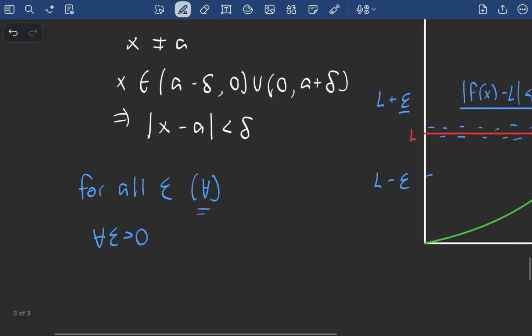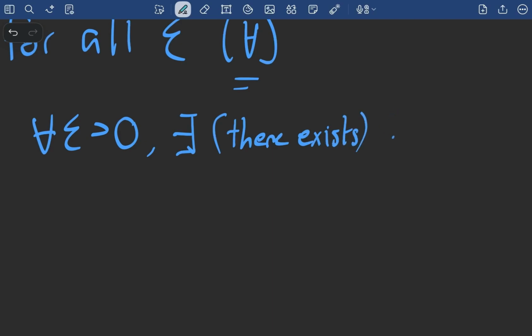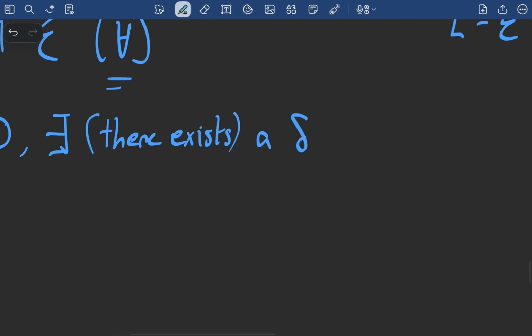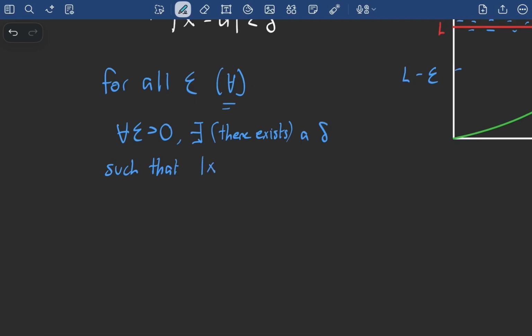So the idea of the proof in formal words is that for all epsilon greater than 0, there exists, it's the backwards E, there exists a delta such that when x is really close to A, or absolute value of x minus A is less than delta, that means that L is really close to f of x.